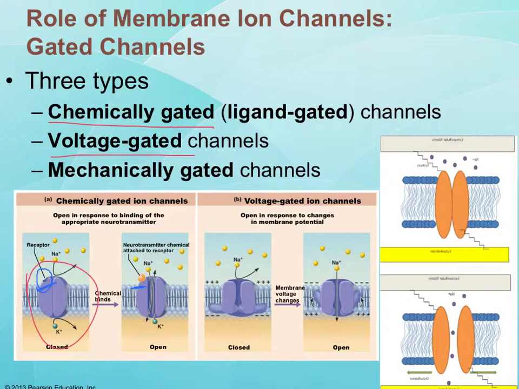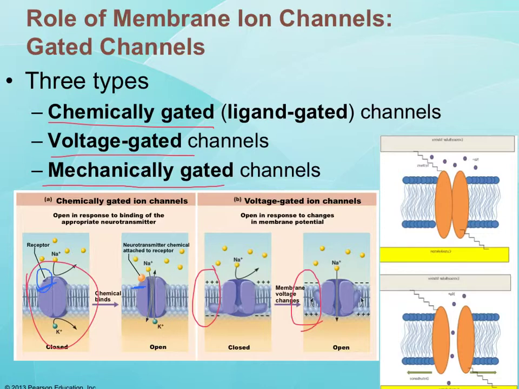Those channels have a sensor that senses the cell membrane potential. So you can see here's a membrane potential, and when it changes, this channel will open. It has a voltage sensor on the channel, so those are the voltage-gated. And the third type is mechanically gated.